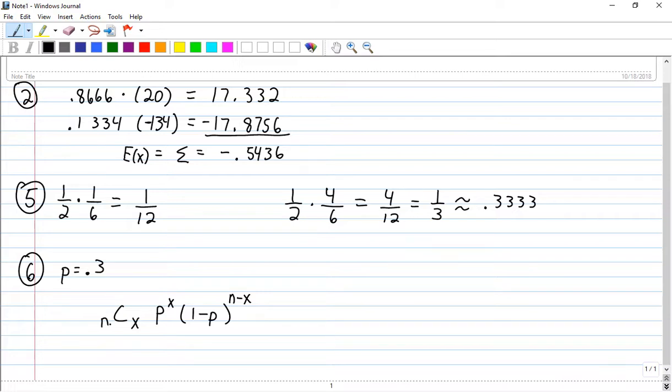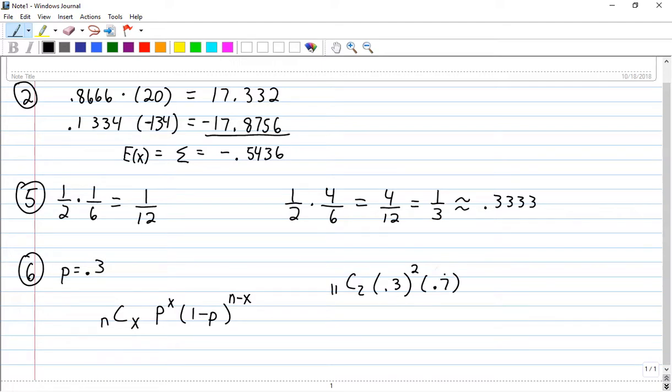Alright, so that's going to be 11C2 times 0.3 to the second power, because that's how many we want to survive, times 1 minus p, which is 1 minus 0.3. 1 minus 0.3 is 0.7.